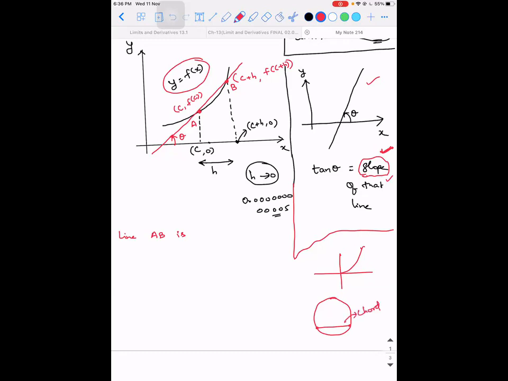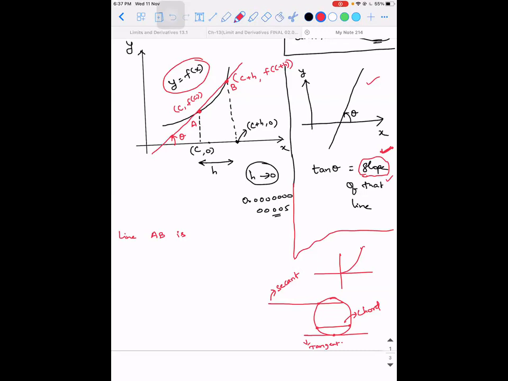A chord is a line segment, meaning it has a fixed length. If I draw a line which is cutting the curve at two points, what is the name of that line? It's called a secant. Similarly, if I draw a line which is cutting the curve at only one point, it's called a tangent. All these terms are known to you.